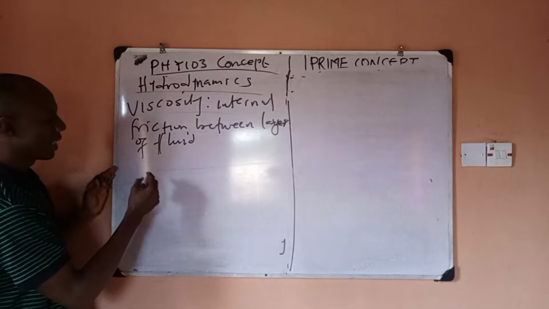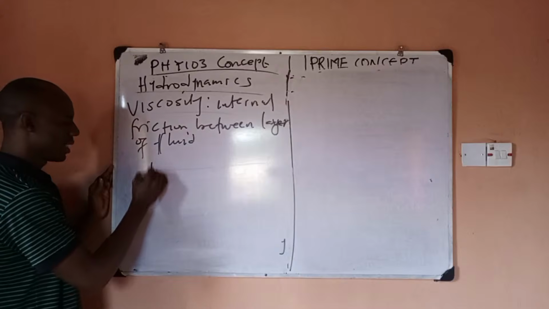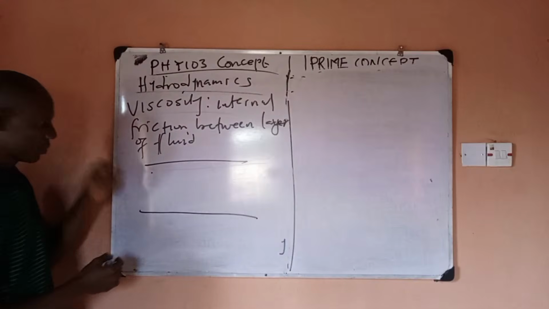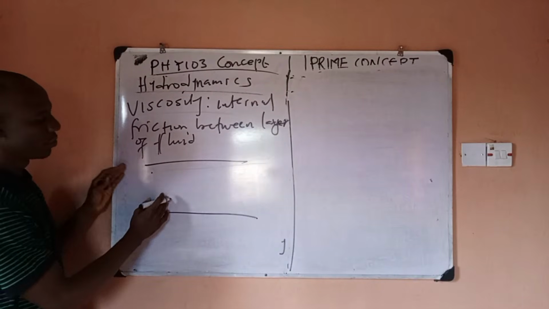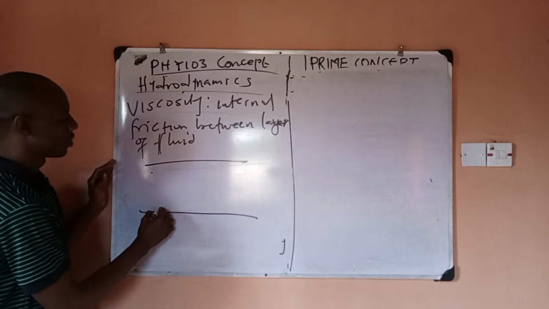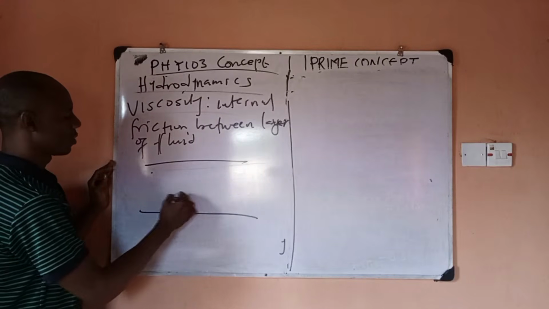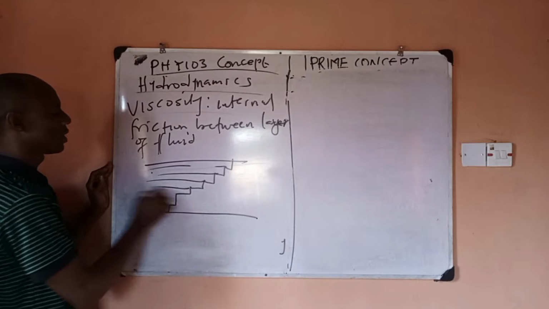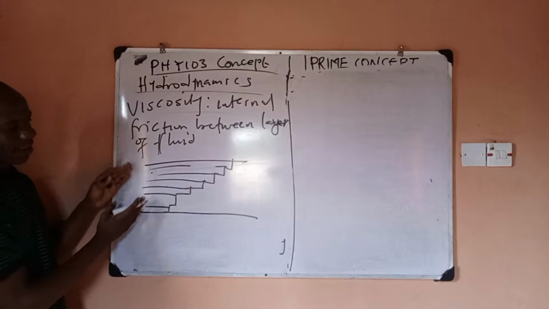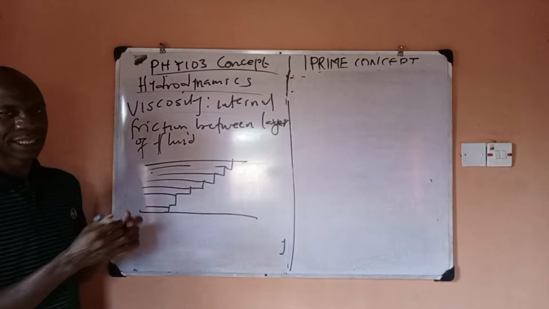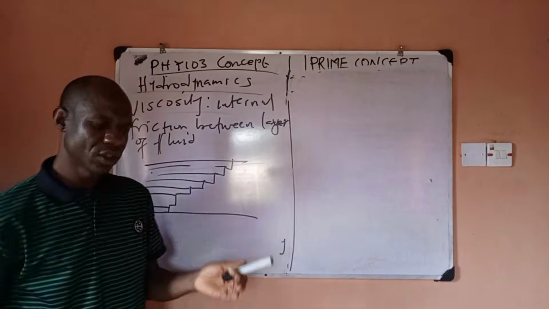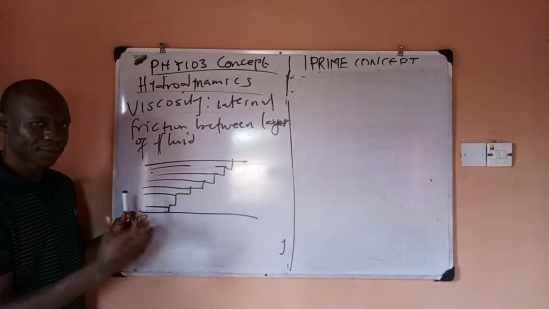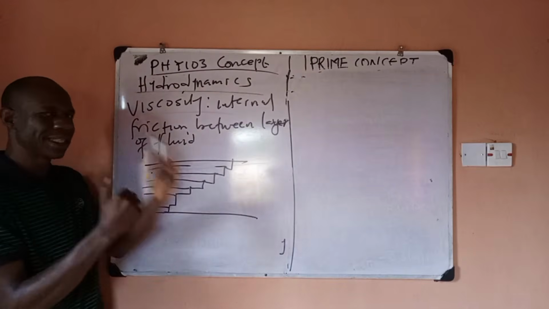To do that, you would simply say that if you have a pipe this way, and you have a viscous fluid flowing, you would notice that that fluid does not flow in the same way. So you have something like this. It will be flowing in a kind of layers. The fluid would flow in steps, in layers. Everything doesn't flow together. You notice some parts will be in front, while some other side will be higher or thicker. So a viscous fluid flows in layers.